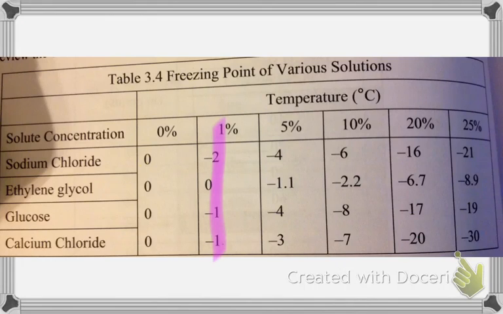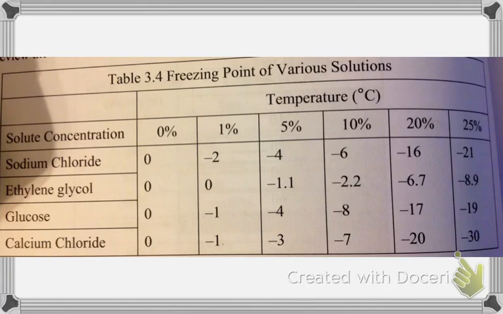It's lower than the 0% samples. The 5% samples are a little bit lower than their previous counterparts, but there's no trend for the columns themselves. If we look at 10%, 20%, 25%, we also do not see any noticeable trends for the column.